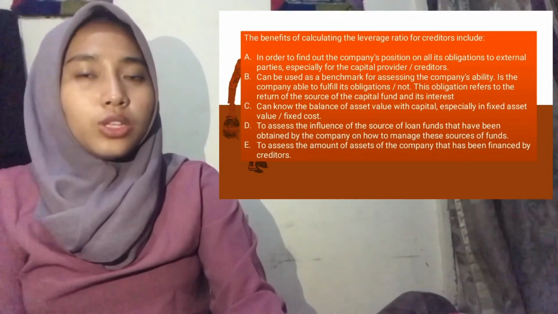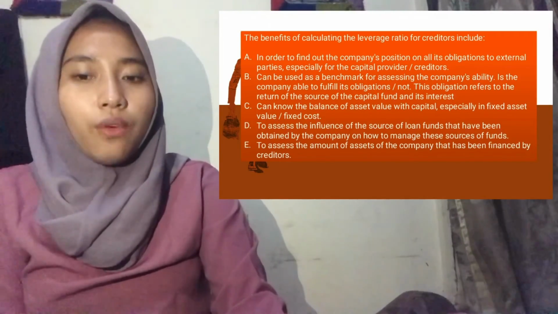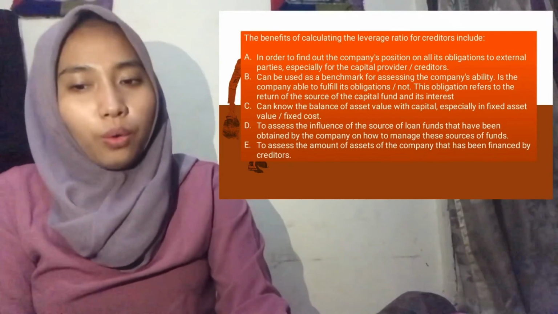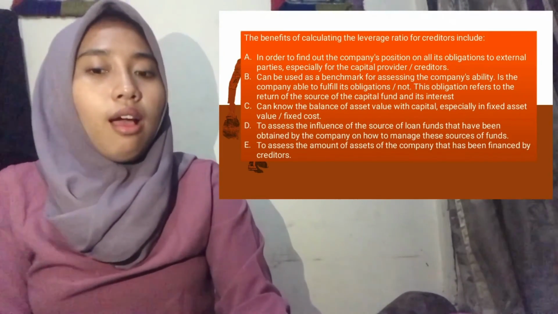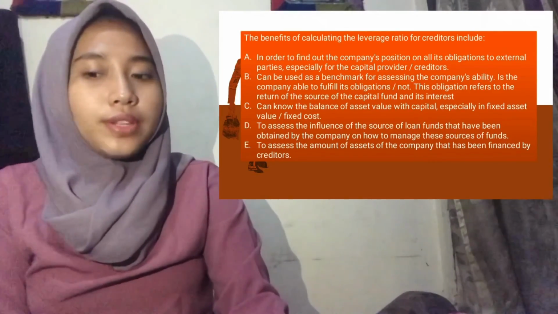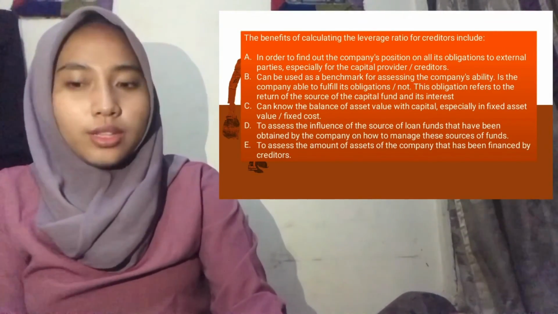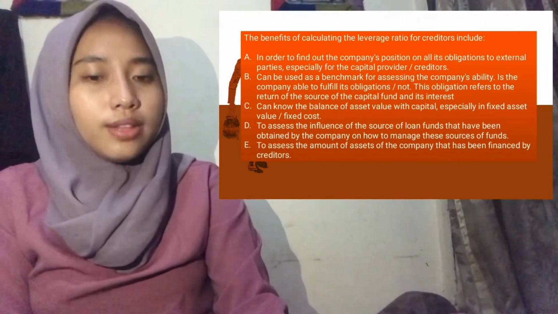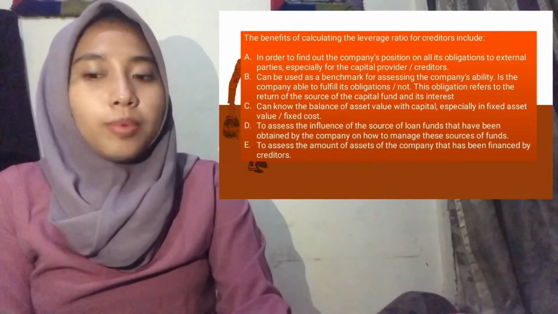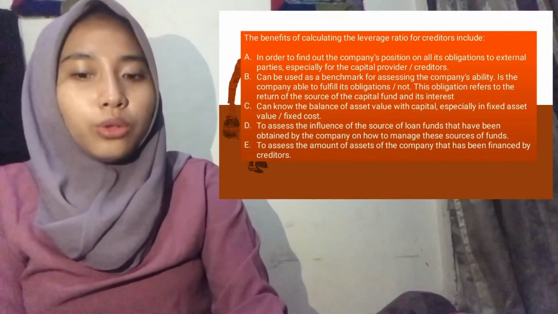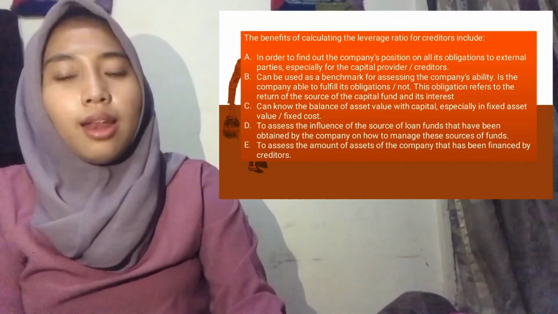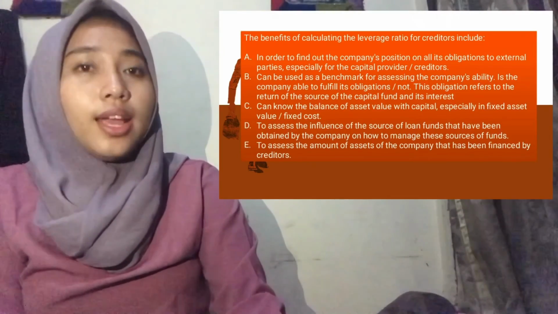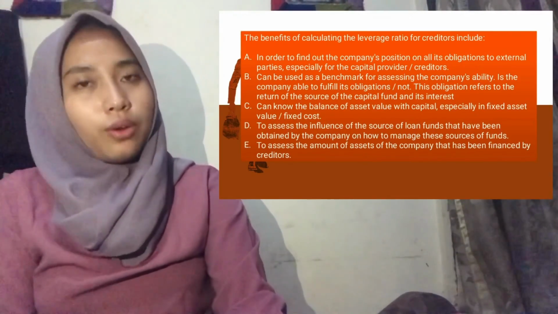This obligation refers to the return of the source of the capital fund and its interest. Number 3. Can know the balance of asset value with capital, especially in fixed asset value or fixed cost. Number 4. To assess the influence of the source of loan funds that have been obtained by the company on how to manage this source of funds. Number 5. To assess the amount of assets of the company that has been financed by creditors.